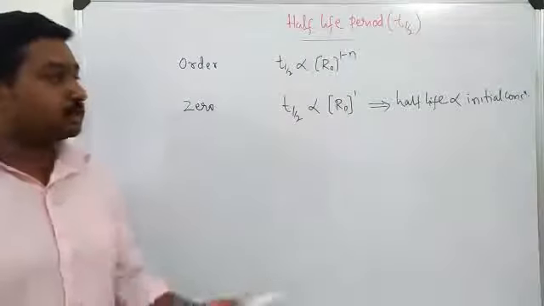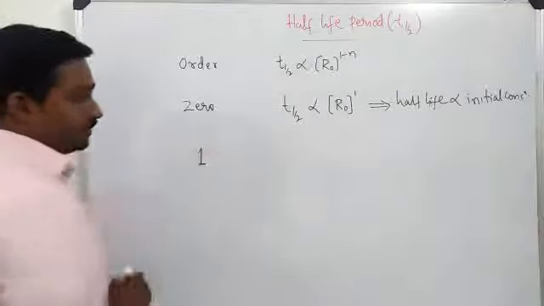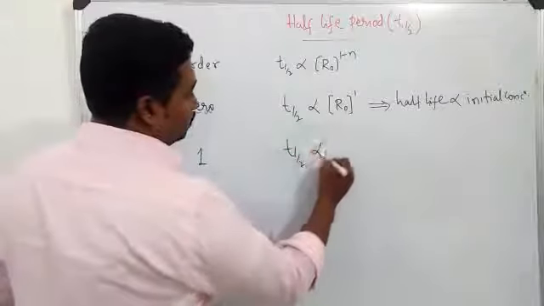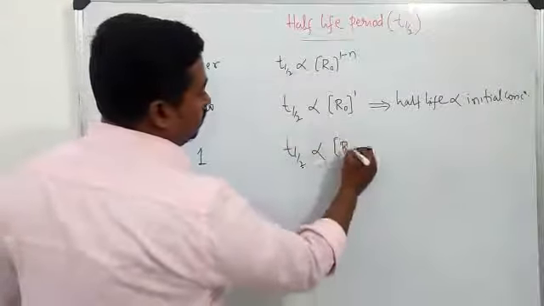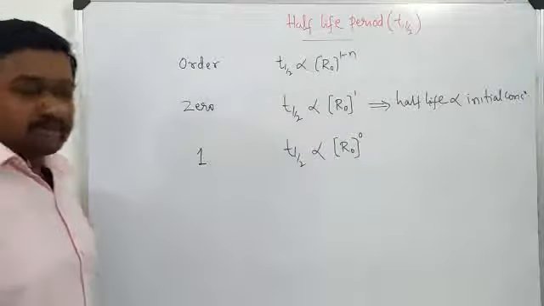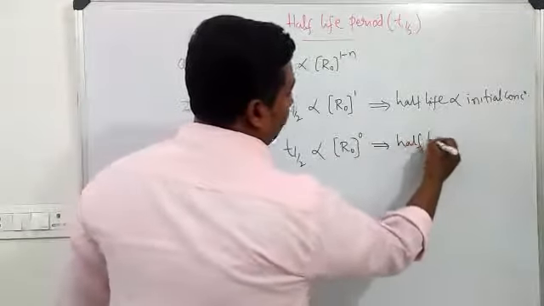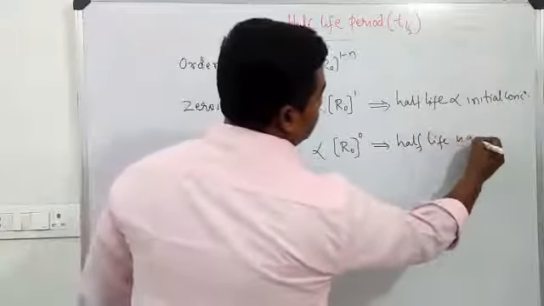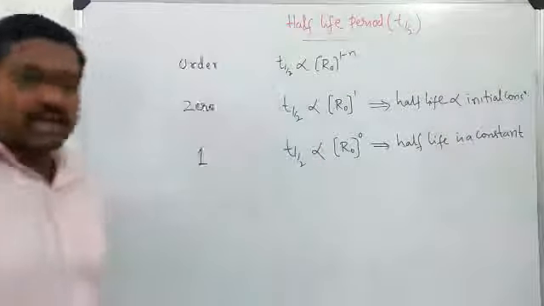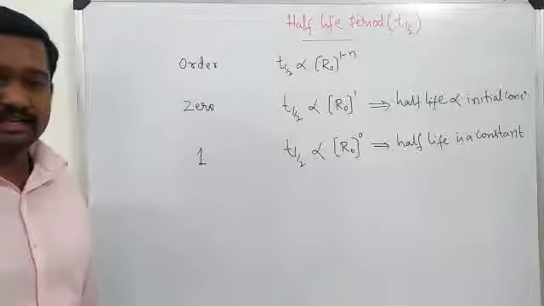If the order is 1, that is a first order reaction, then t half is proportional to R naught power 0, because 1 minus 1 becomes 0, and this indicates that half-life is a constant. These two we have derived in our expressions of half-life for zero order and first order reactions.